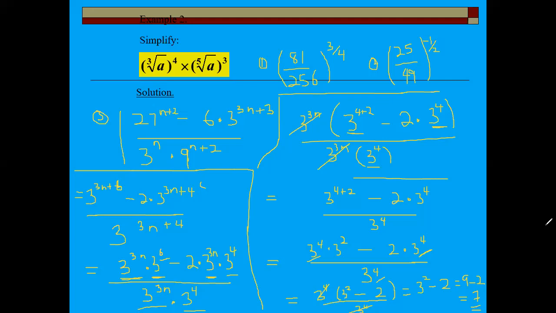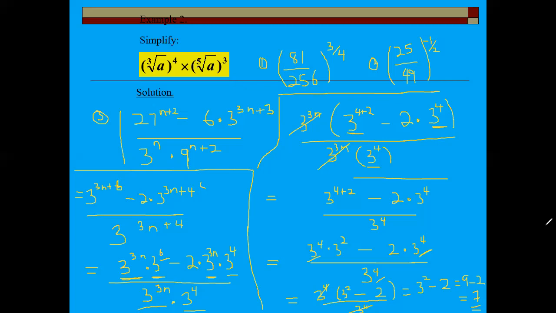Sir, please, I have a problem with the starting of the work. The 6 times 3 raised to the power 3 plus 3. When we simplify that one, we got 2 times 3 raised to the power 1 times 3 raised to the power 3 plus 3.